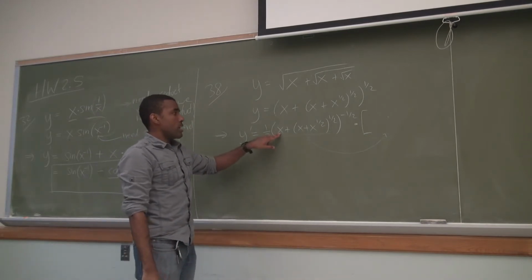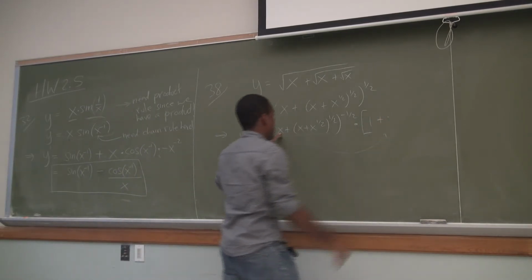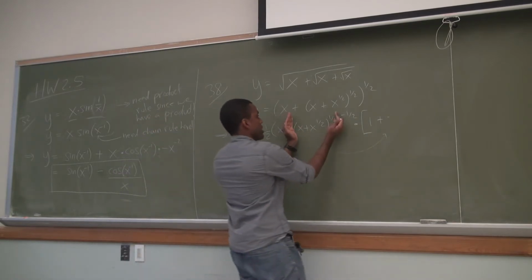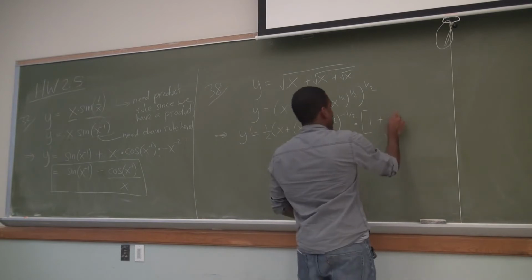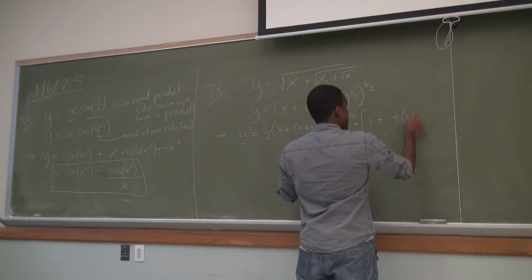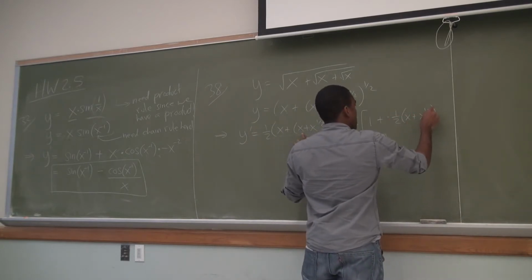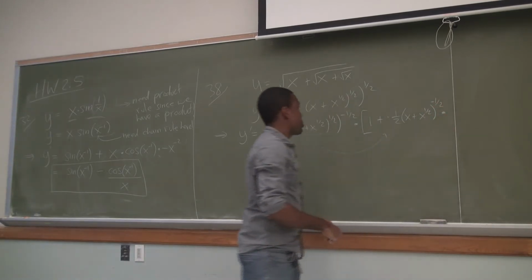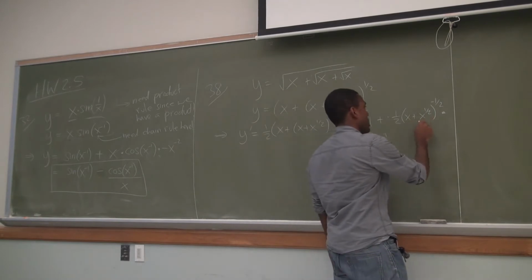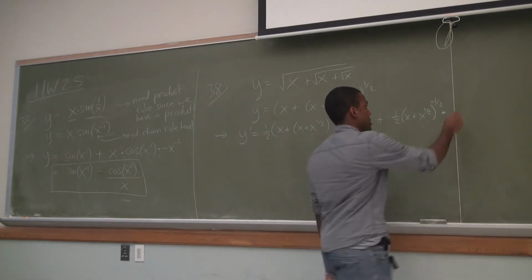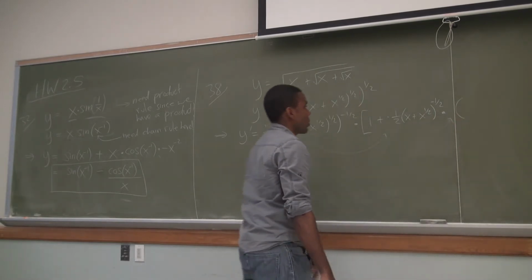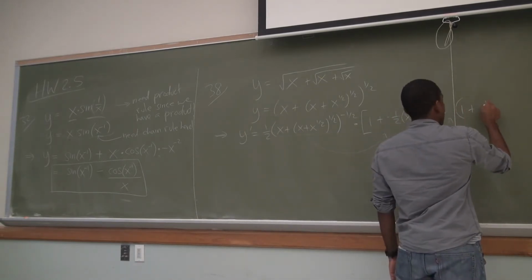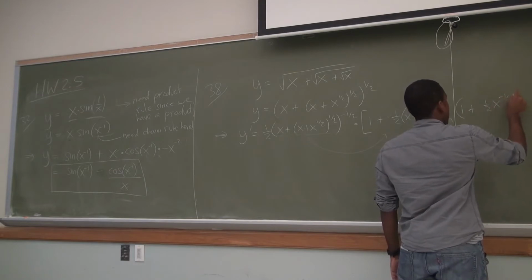Now the derivative of x is just 1. Derivative of this, you need the chain rule. So now you think of this as the outside function. You take a half times everything here, minus a half, and then you multiply by the derivative of the inside, which is going to be 1 plus half x to the minus half.